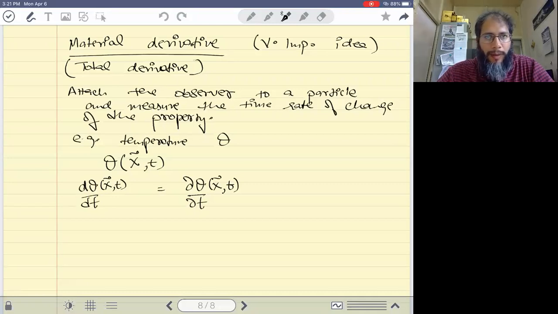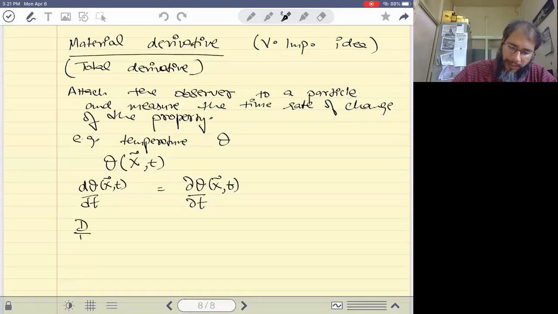It is also called the total derivative of the temperature field in this case. We sometimes also use capital D. You may have seen capital D by capital Dt. That's also used for material derivative.